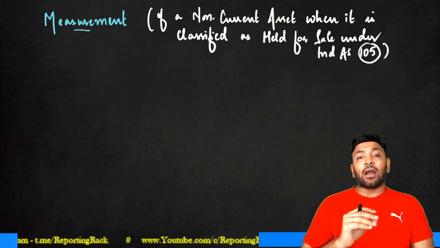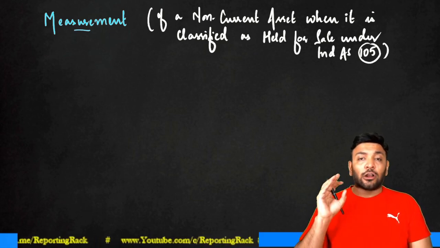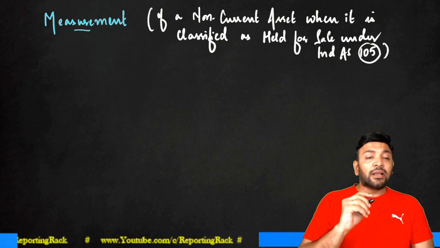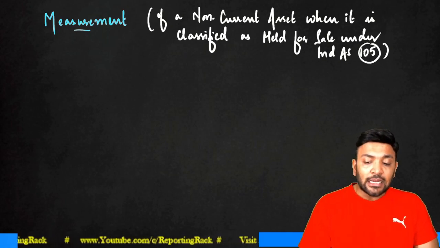Now, whenever you have a classification of a non-current asset as held for sale, the measurement should go something like this.